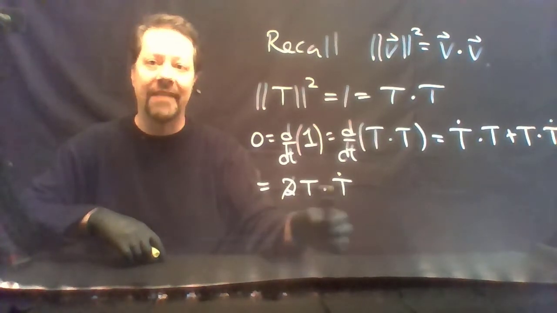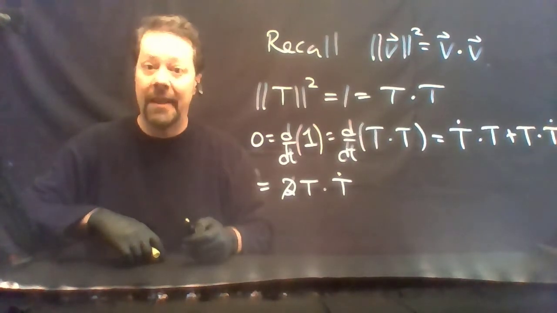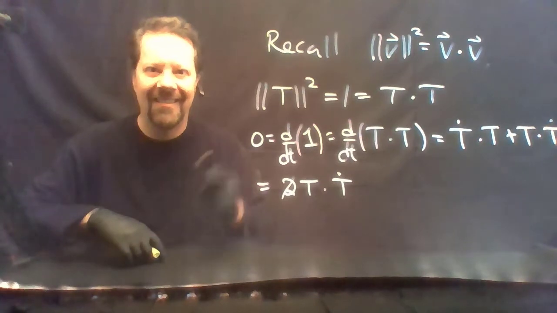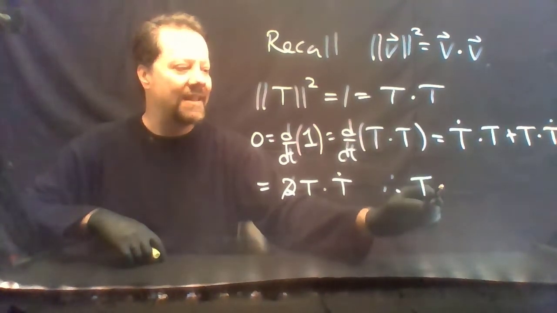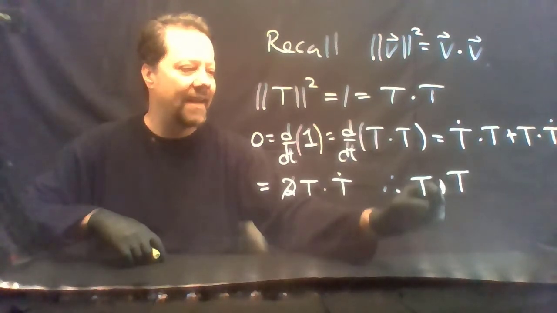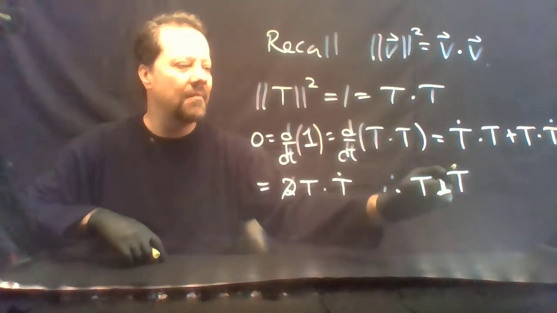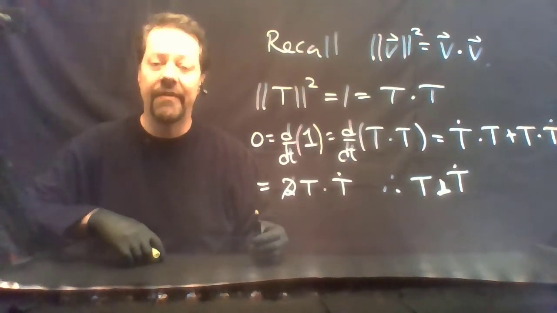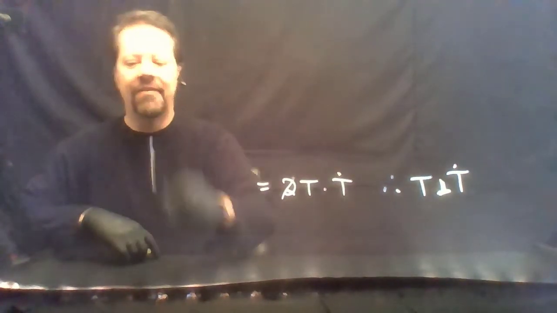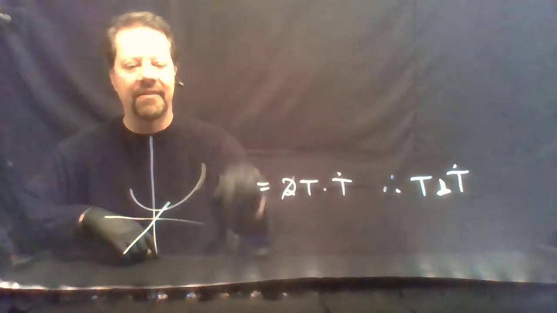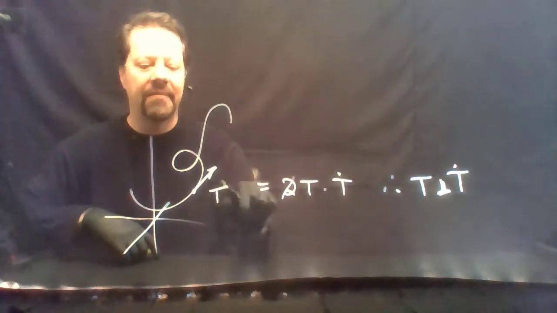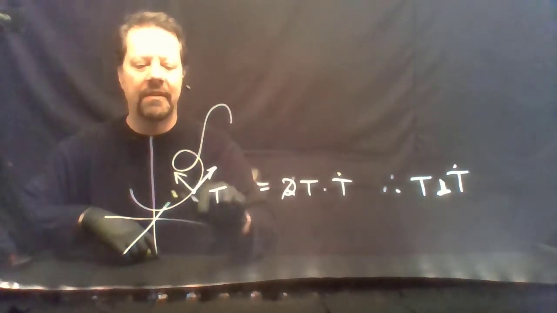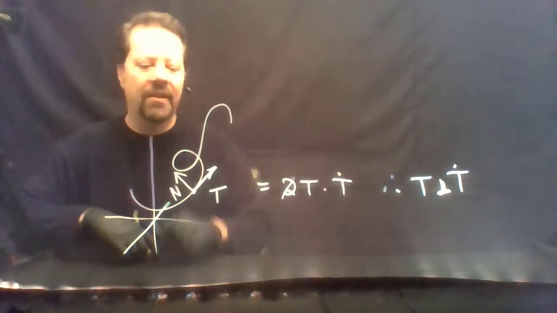Two vectors have a dot product equal to 0 if and only if they are orthogonal. So the unit tangent vector is at a right angle to the derivative T dot. Whatever our curve is doing in R3, we'll have the unit tangent vector and the normal vector going this way.